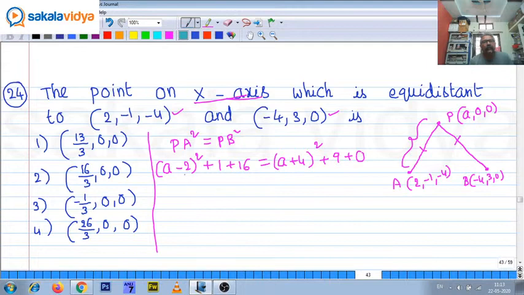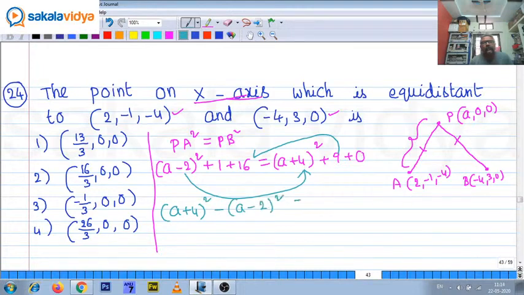Bring (a minus 2) whole square this side, 9 this side. We can write (a plus 4) whole square minus (a minus 2) whole square equals 17 minus 9. This we can write a square plus 8a plus 16 minus a square plus 4a minus 4 equals 8.